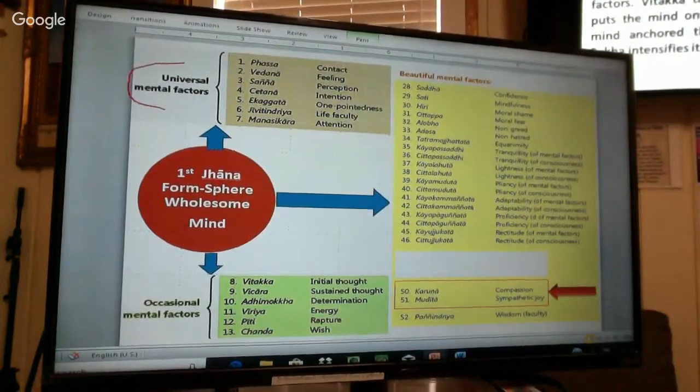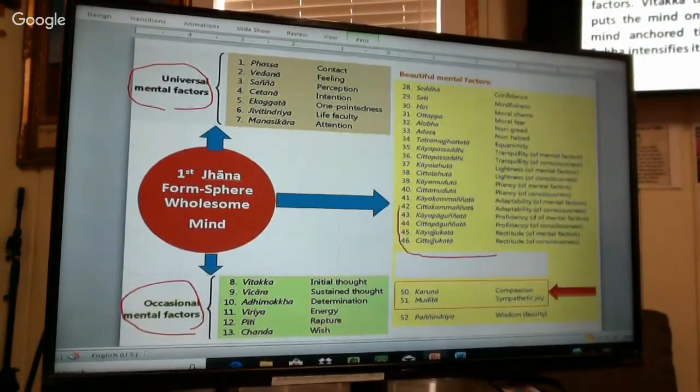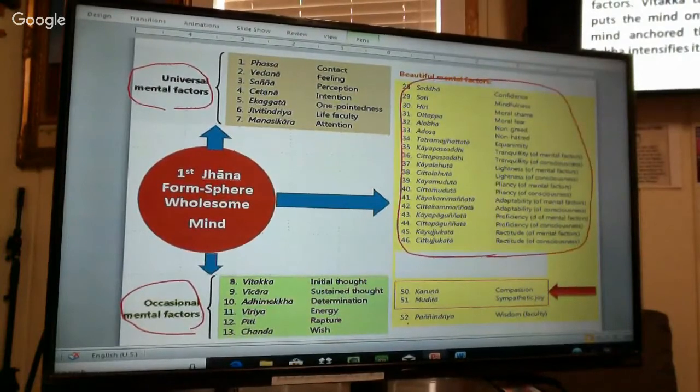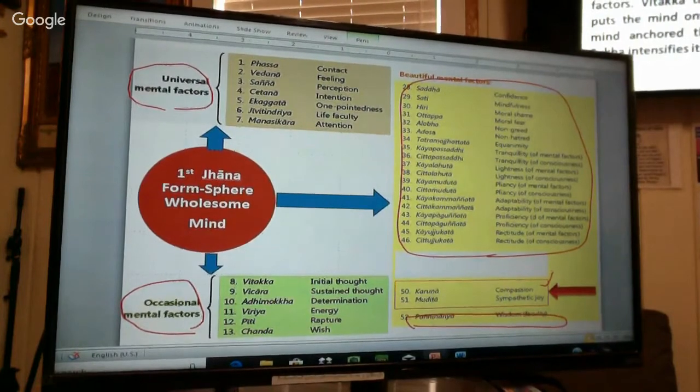Here the 7 universal mental factors, here the 6 occasional mental factors, here 16 beautiful mental factors, and then Panna, Karuna and Mudita sometimes. But why do we say only 5 mental factors are jhana factors? They contain these things, isn't it?